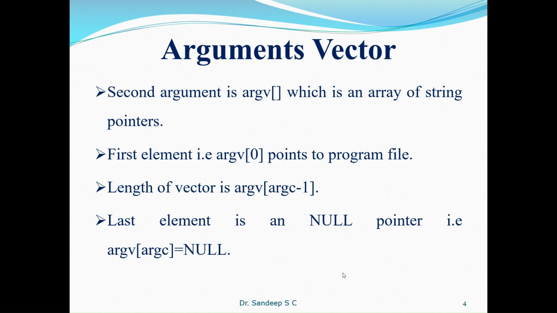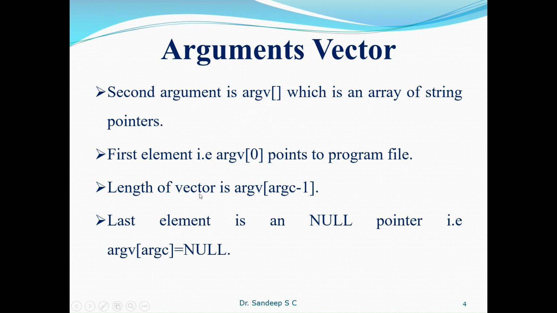One more point to remember: argv is an argument vector which will have pointers to different strings, and the file name is also a string. So the first pointer points to the name of the program itself. Then we can have additional pointers pointing to different strings.